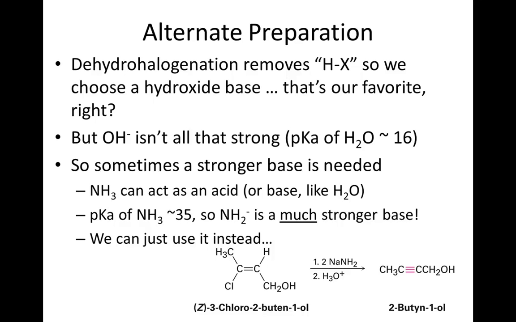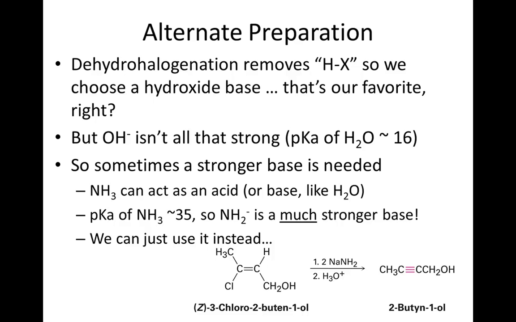Another thing is that you could have a problem occasionally that when we're trying to take out these 2 molecules of HX, maybe the 2 KOHs isn't strong enough. Remember that the pKa of hydroxide ion is about 16, and so sometimes you need a stronger base.